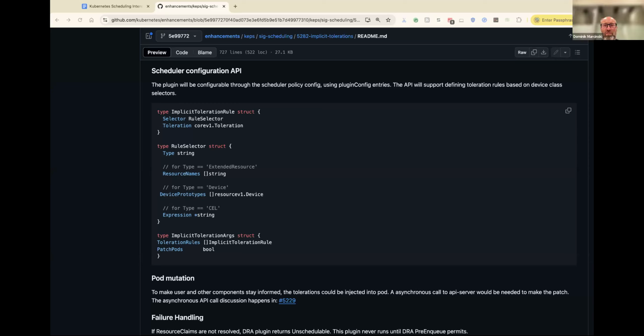Yeah, but what I'm trying to say is that if we don't recommend using taints and tolerations anymore and just create rules in the API server, then any plugin could apply those rules during filtering. It could be either the array plugin or a new one that we could create.